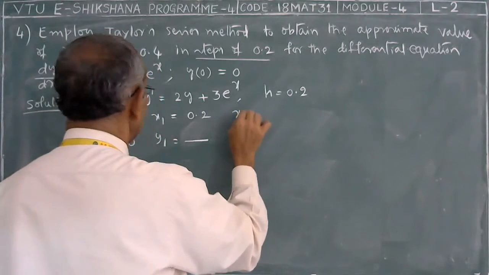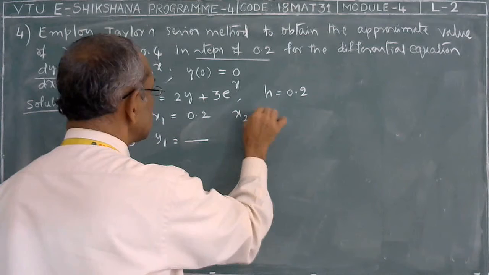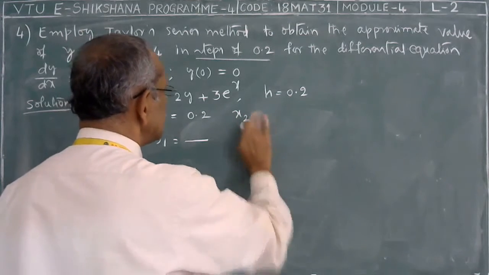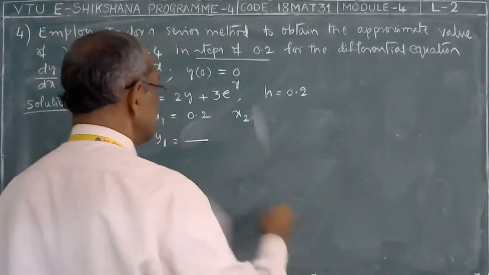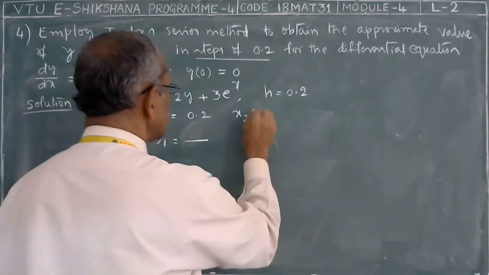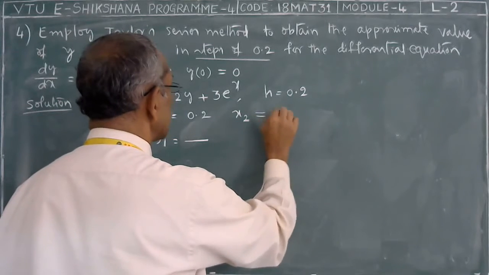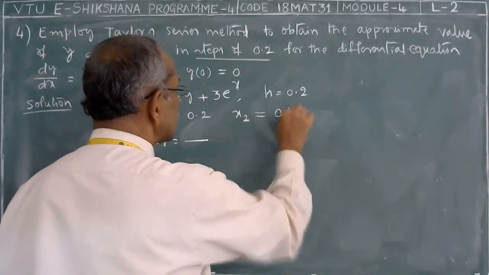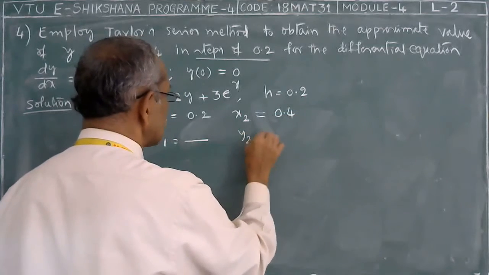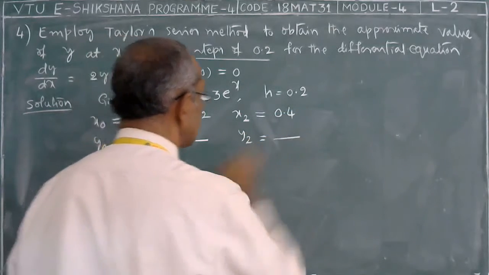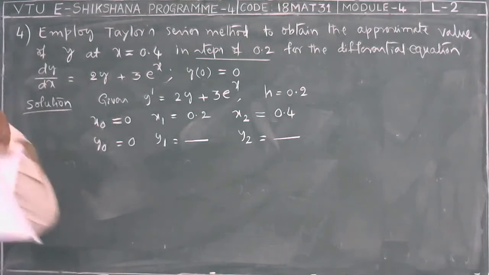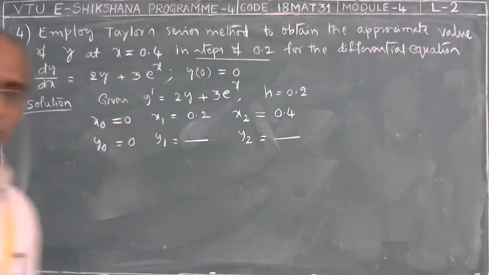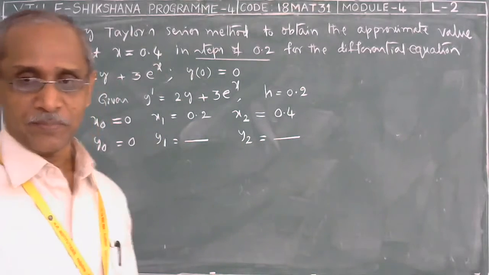Then 0.2 plus 0.2 is the next value of x: x2 is equal to 0.2 plus another 0.2, and the corresponding value of y at x is equal to x2, that is y2, is to be determined.